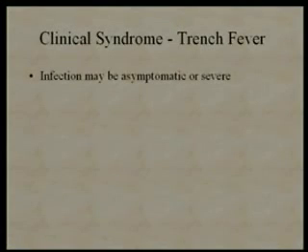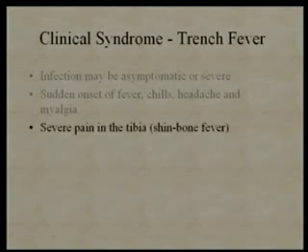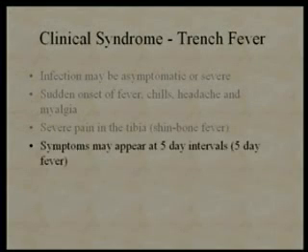And the disease looks like typhus to some extent. There are some differences. You get the sudden onset of fever, chills, headache, and myalgia. But the difference is, and I've never been able to find anywhere that can explain why this happens, there's severe pain over the shin, and that's why it's called shin bone fever. The other thing is that this severe pain over the shin seems to occur on a 5-day cycle.